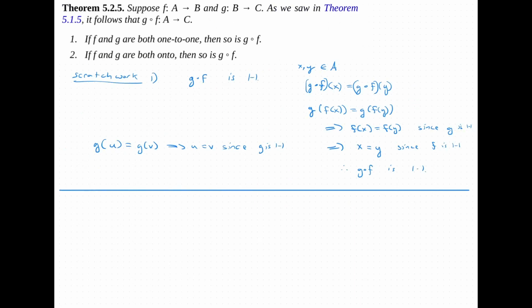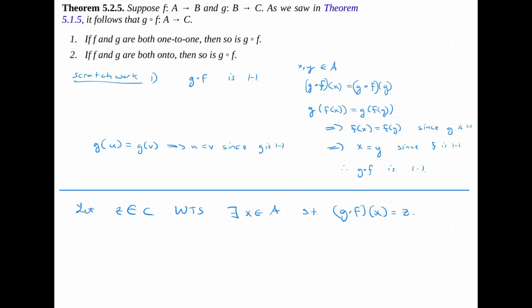So for surjective, now what we want to do is take an element in C. So let's go ahead and let z be in C. So we want to show that there exists some lowercase x in A such that g compose f of x is equal to z.